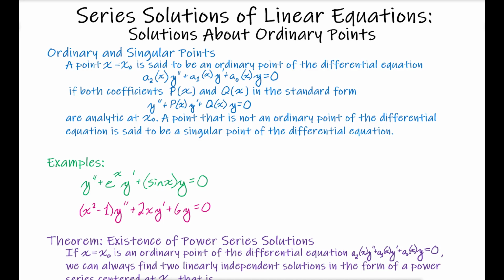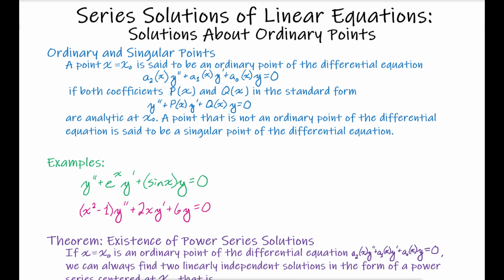So we need p of x and q of x to be analytic at x naught. Remember that to be analytic at a point means that we can represent the function p of x or q of x as a power series that has some positive or infinite radius of convergence.